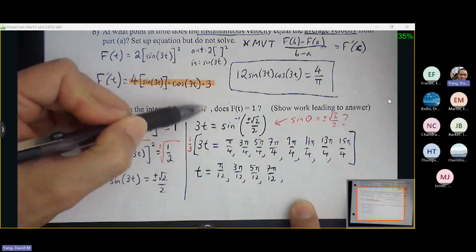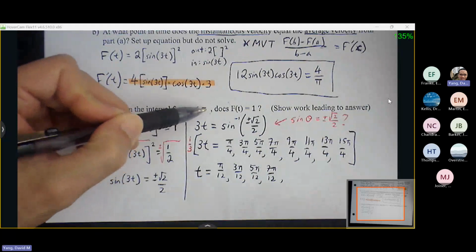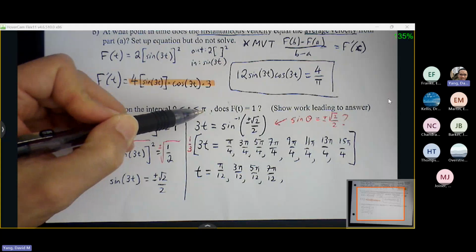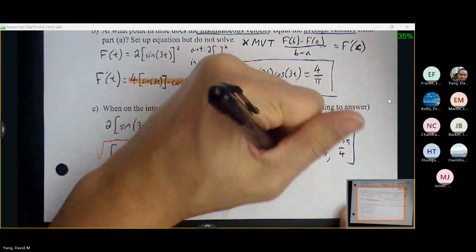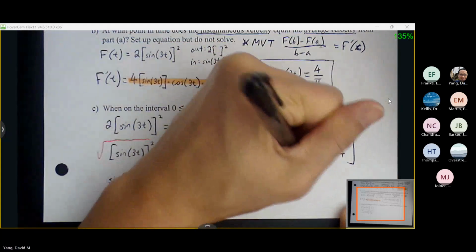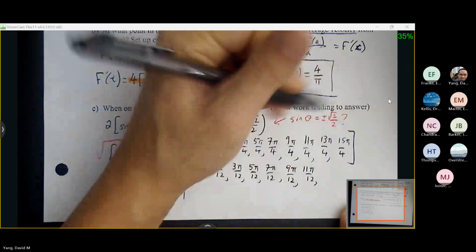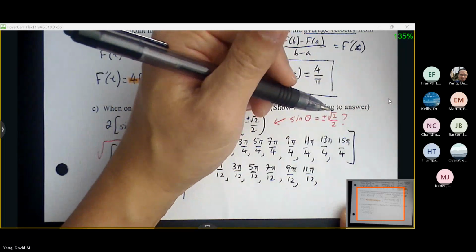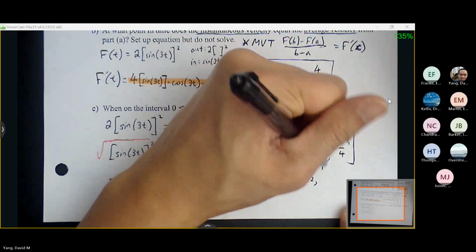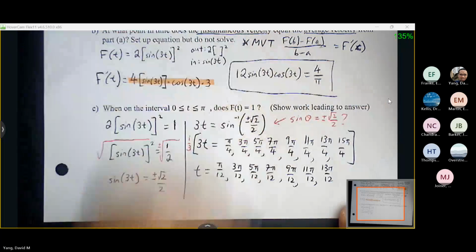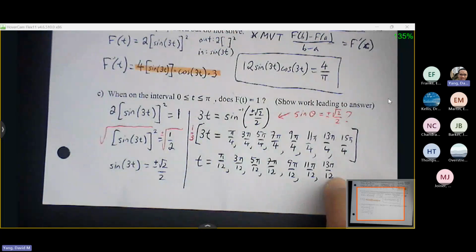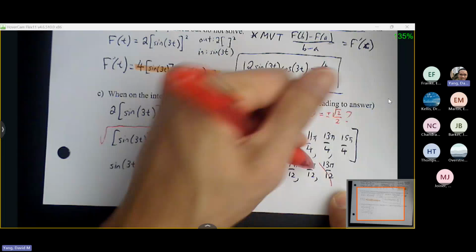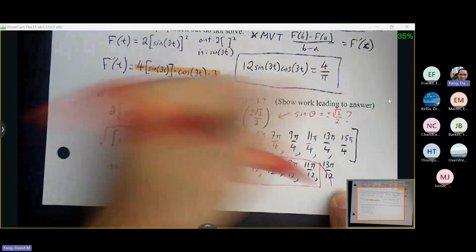Essentially, when your numerator and denominator are really close to each other, that's basically when it's reaching close to pi. Once we reach this, we know we've gone over pi, so we can remove that. Here are the t values.